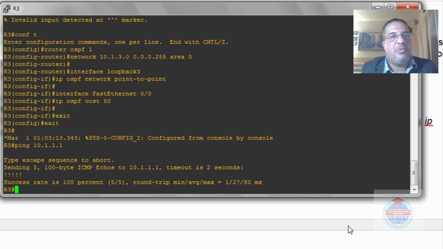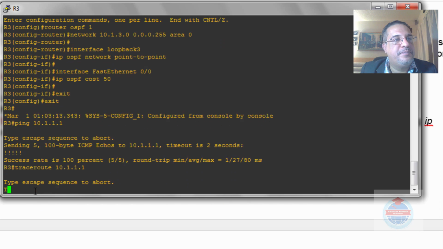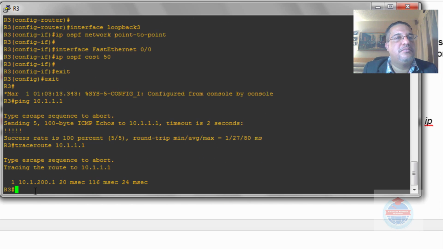It was successful, guys. From R3 we can ping successfully. Excellent. We did traceroute as well, and everything came very fast.